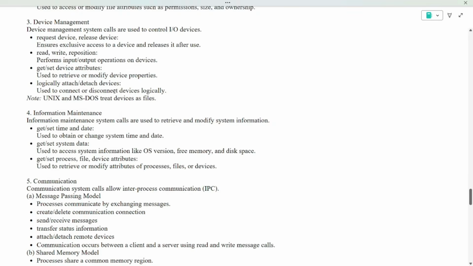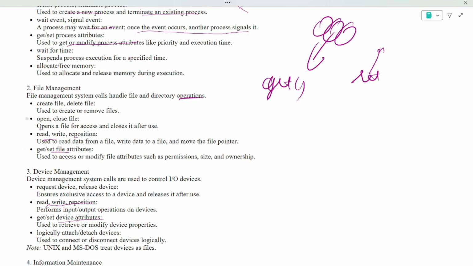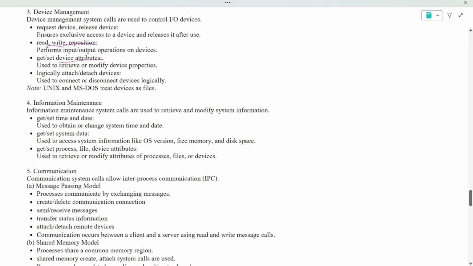Next is device management: request device, release device. Request means you make the request and then release is done. Next are read, write, reposition, and get or set device attributes. Here, it is get or set file attributes in file management, and get or set device attributes in device management. Then you can logically attach or detach devices.